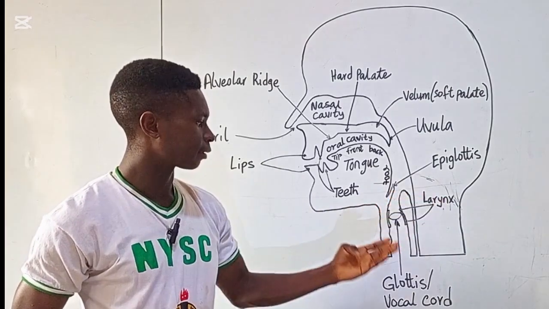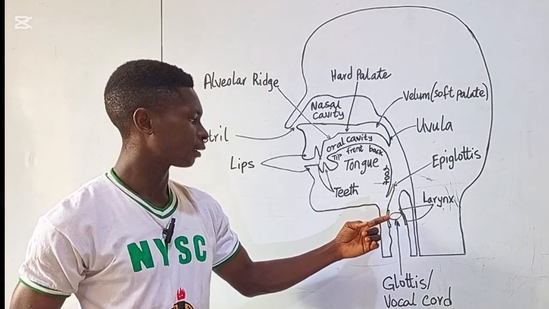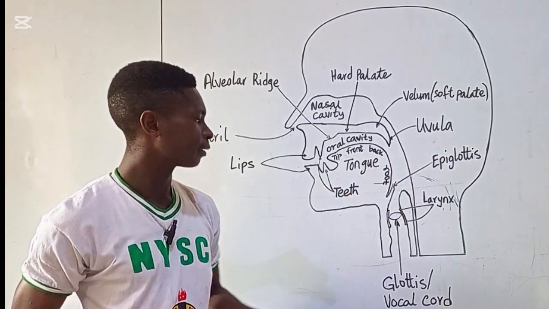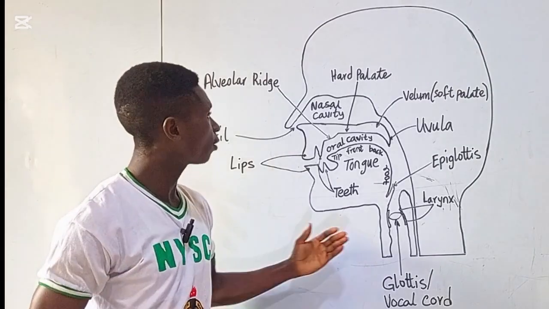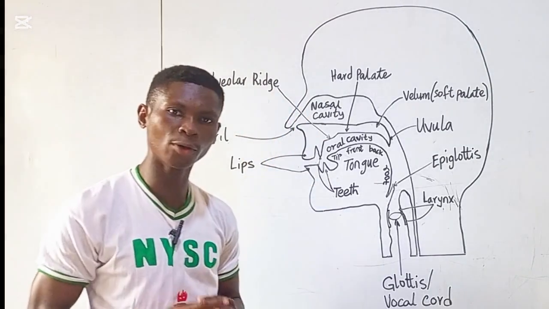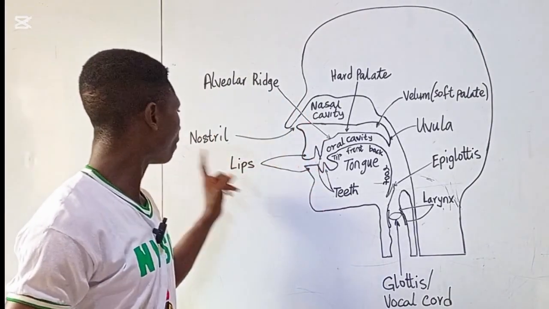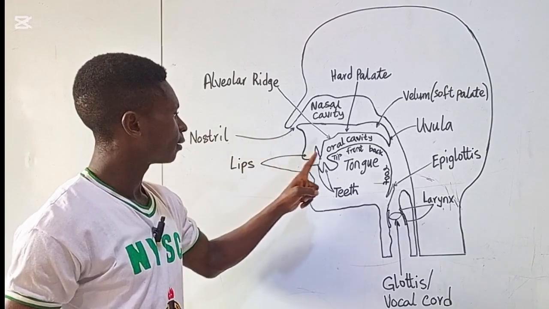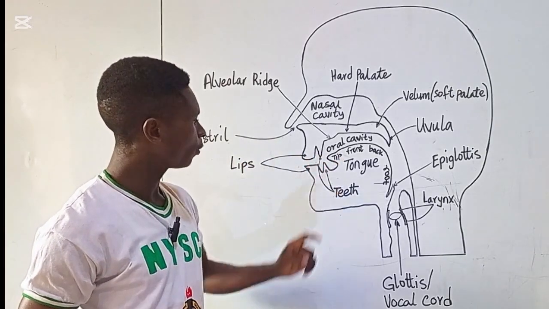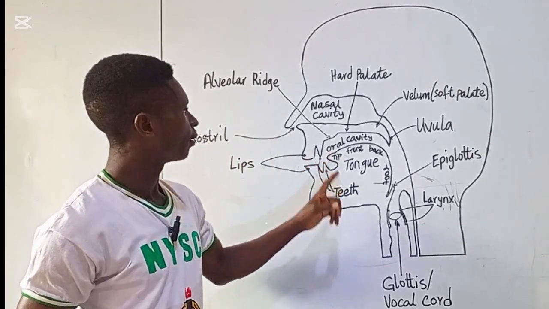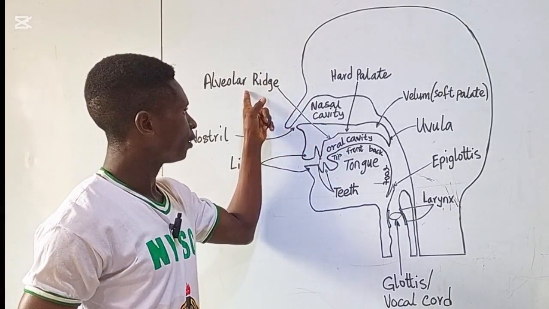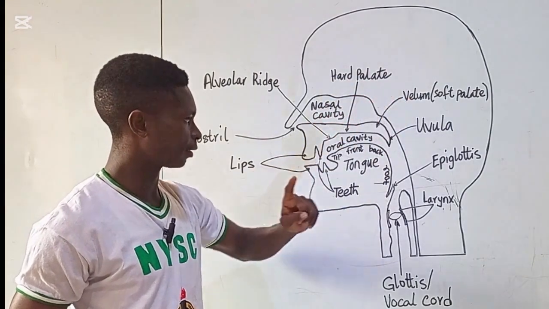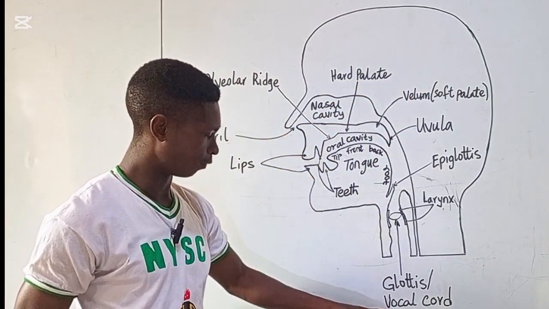Others are the larynx, where we have the glottis, the epiglottis, and so on. So please note the major organs of speech. The major ones are the lips, the tongue, the teeth, the alveolar ridge, the hard palate, the velum or soft palate, and the glottis or vocal cord.